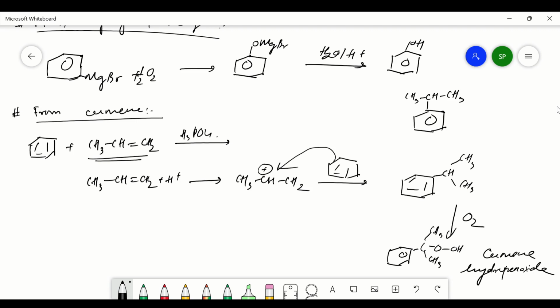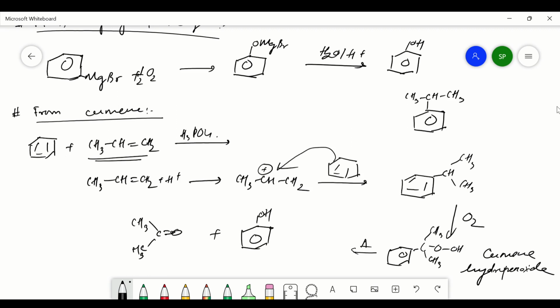This cumene hydroperoxide upon heating produces phenol and acetone. This is another method of preparation of phenol.